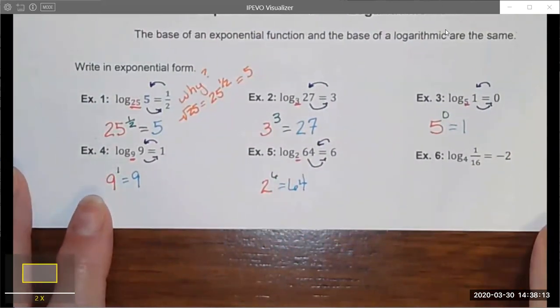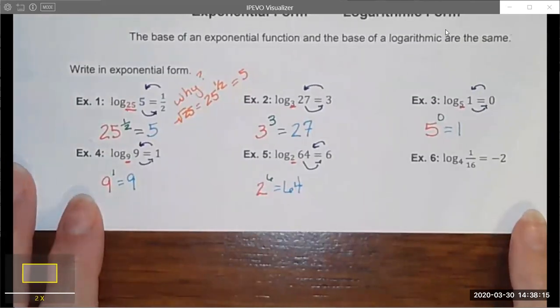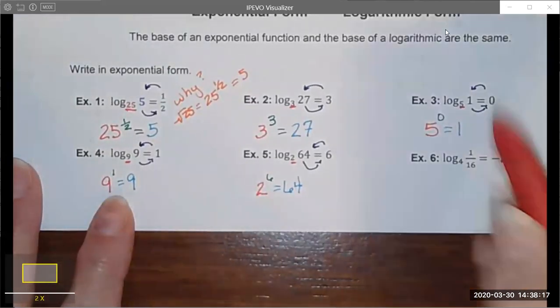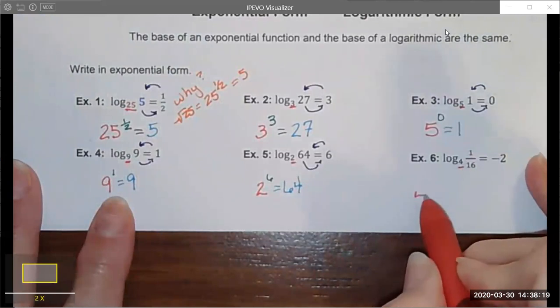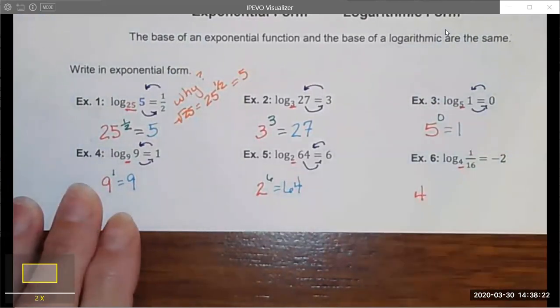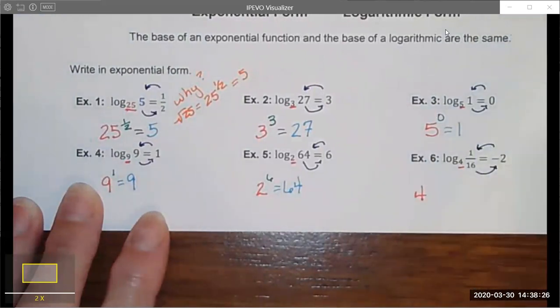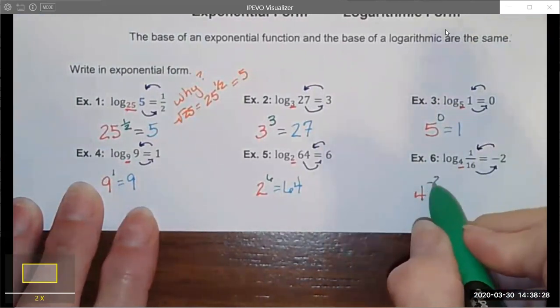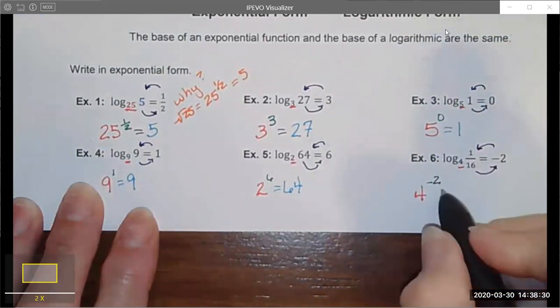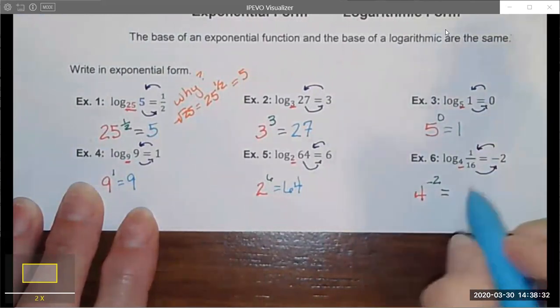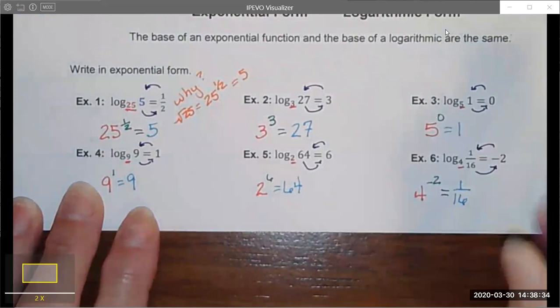Last one, this one's a little bit more interesting. We're going to identify our base. We're going to roll our log. Our exponent in this case is -2, and that's going to be equal to the fraction 1/16.